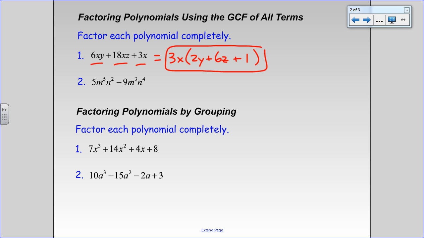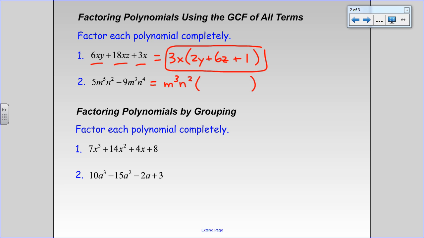What about the binomial in example 2? 5m to the 5th n squared minus 9m cubed n to the 4th. In this case, the coefficients have no common factor other than 1. However, the variable factors in common are m cubed and n squared.